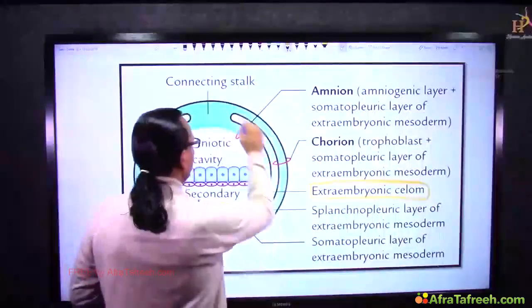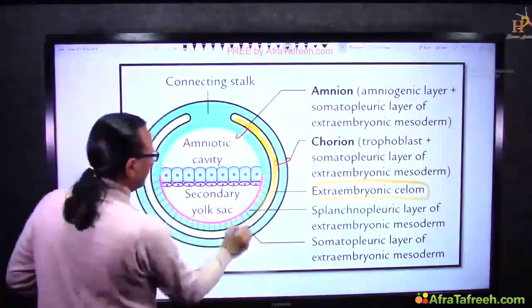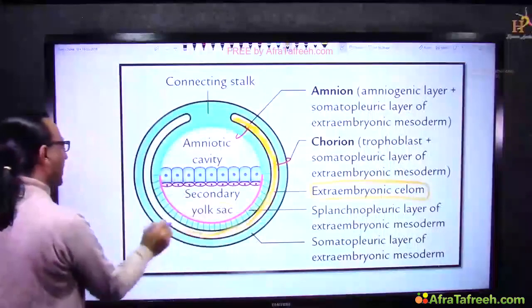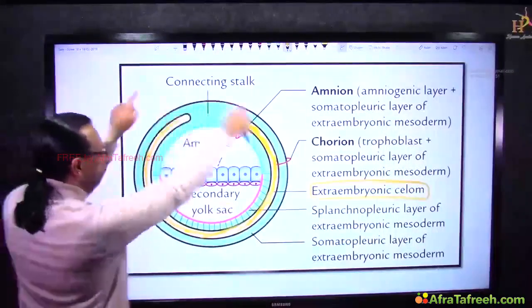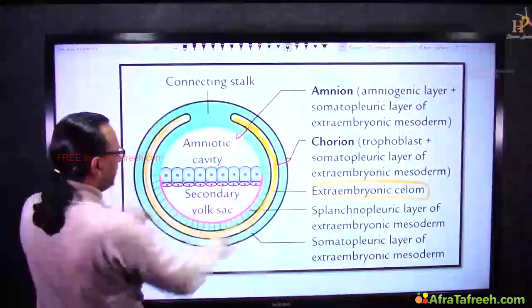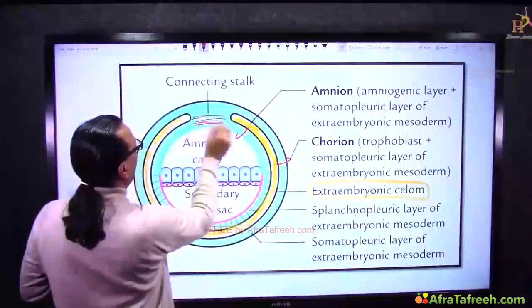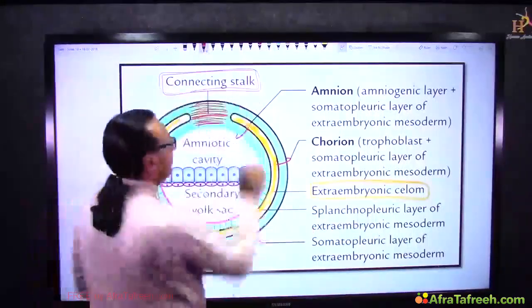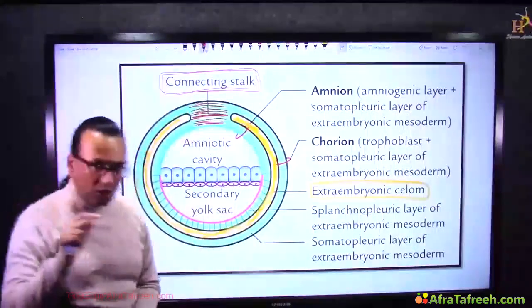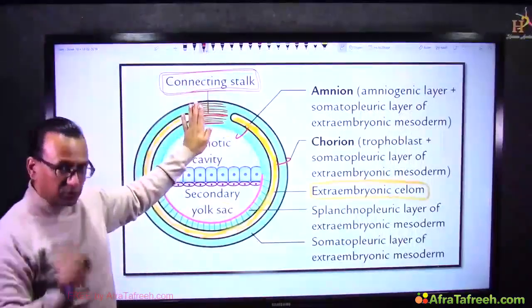Here it is. As I'm telling, this extraembryonic coelom is developing in the extraembryonic mesoderm, and it is not complete. There is some portion left. And what is that called? That is called the connecting stalk, which is the primary umbilical cord. So that is going to become the primary umbilical cord. Yes. Notice one more thing.